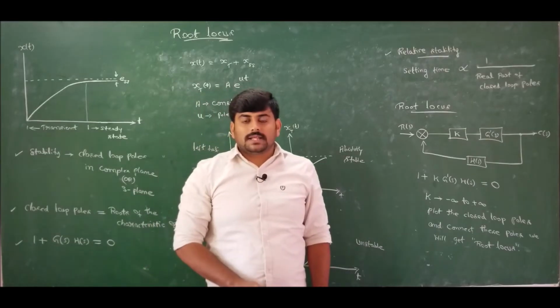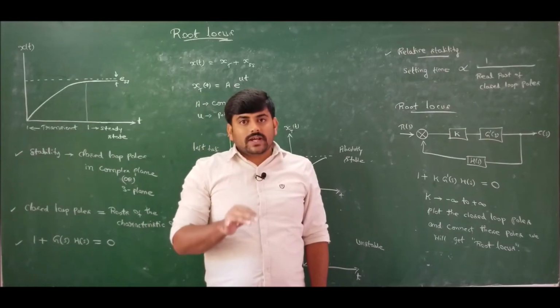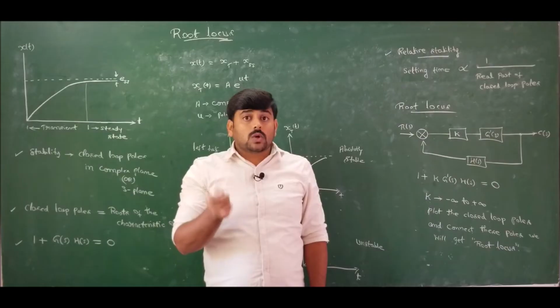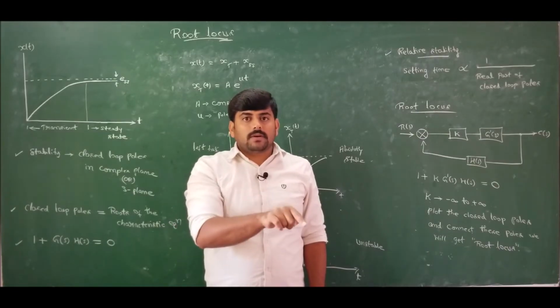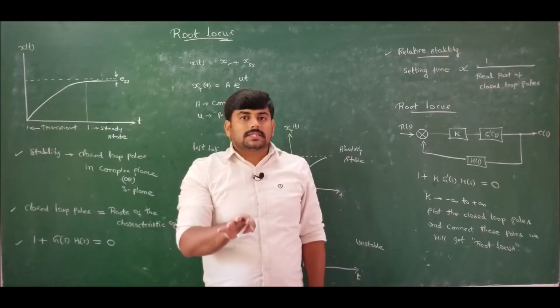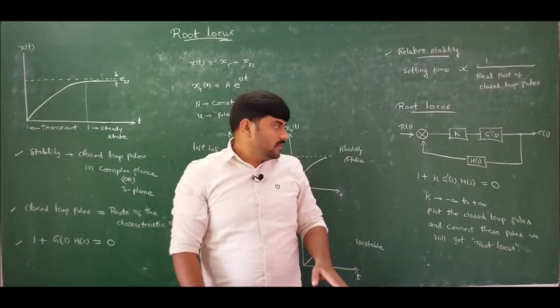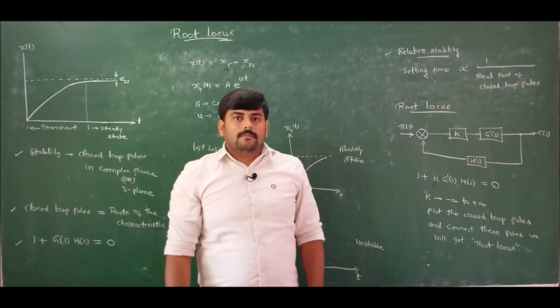Hope the concept is clear. Here we are studying the effect of a variable parameter on a closed loop control system. What is that effect? Whether it is making the system stable or unstable, which we can analyze graphically, as suggested by Evans, which is nothing but the root locus method.